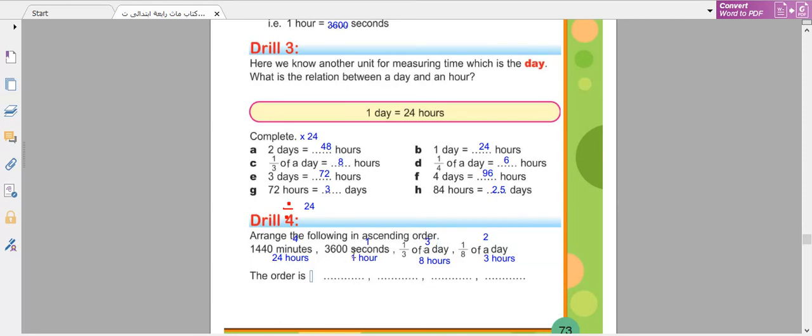I mean that number 1 is 3,600 seconds. Number 2 is 8 of a day.